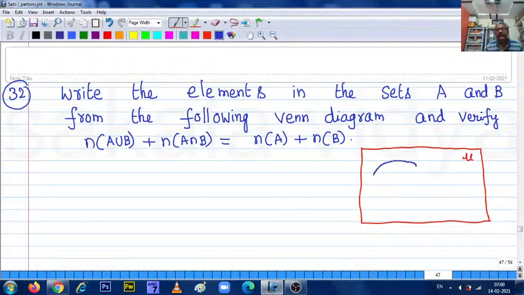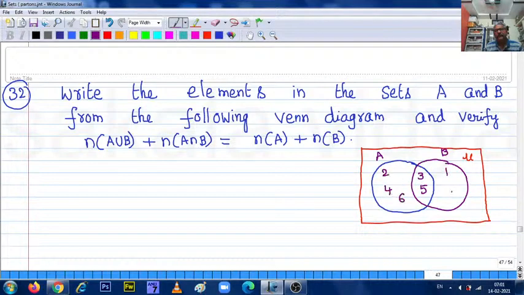This is set A, this is set B. Now the elements written down are 3, 5, 2, 4, 6, 1, 7, 9.